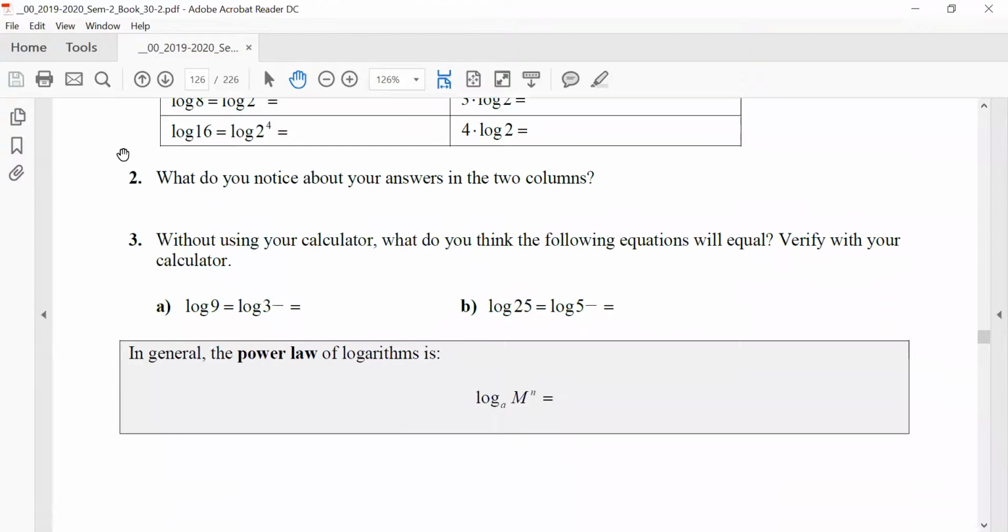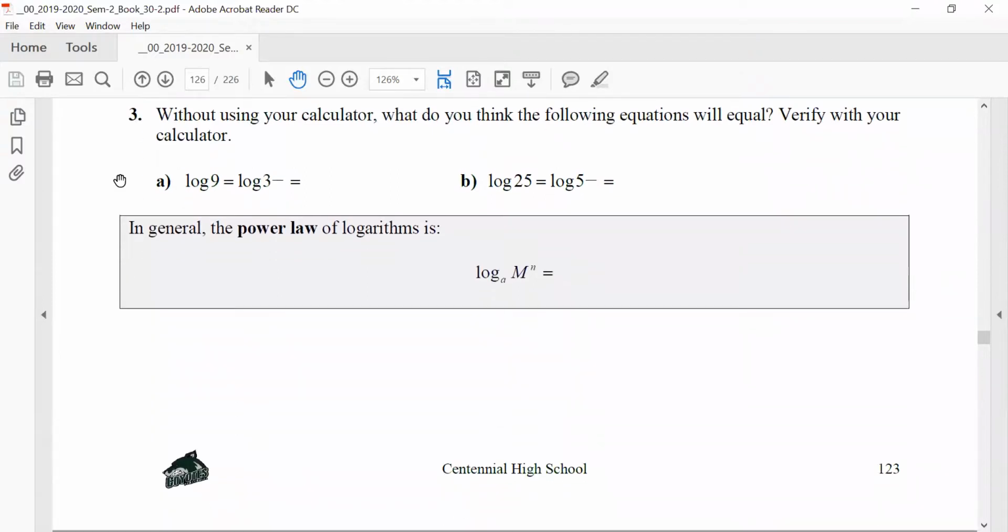Now I'm going to skip over to part C, because in the other video I explained this law, and that's why it's important you've watched that quick video. What can we do with that exponent? That exponent can become a coefficient.